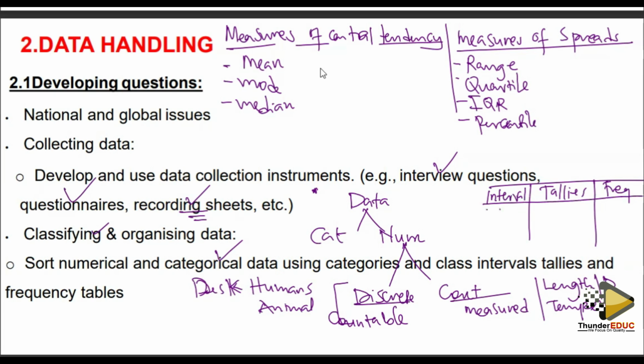If from 0 to 10, 11 to 20, 21 to 30, then if you have 3 people, you write 3. If you have 7 or 8, you write that. If there are 3 or 5 only, you put that. This is what we call the frequency table, summarizing data.